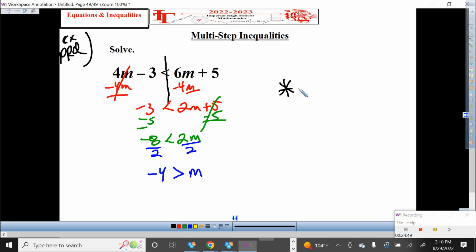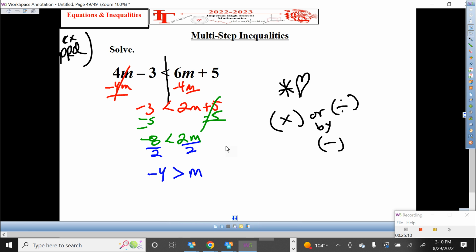Do like asterisk, heart, and then just write when you multiply or divide by a negative. So let's see. Did we divide here? Yes. Is 2 a negative? No. That's why we don't flip the inequality symbol. There it is. So we only flip whenever it's dividing or multiplying by a negative.